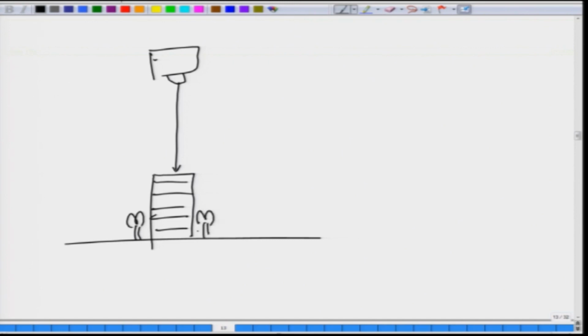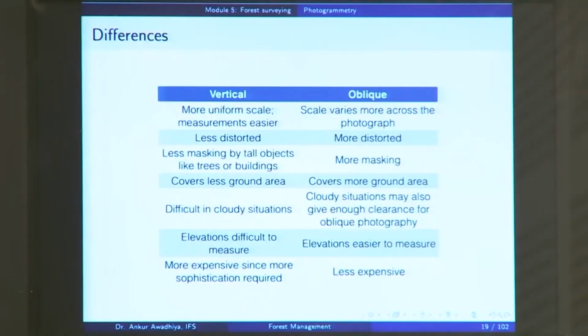But if you are taking it at an oblique angle, the tree that is behind this building will never be seen, because it has been masked by the building. So your building is occluding this tree. This masking or occlusion is more if you are making use of an oblique photograph.